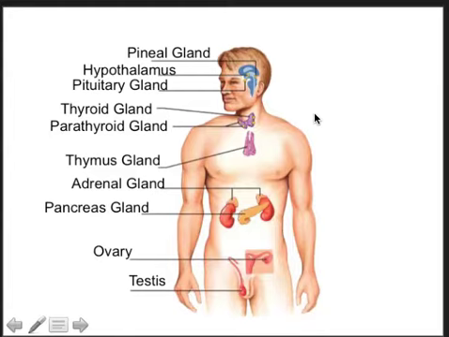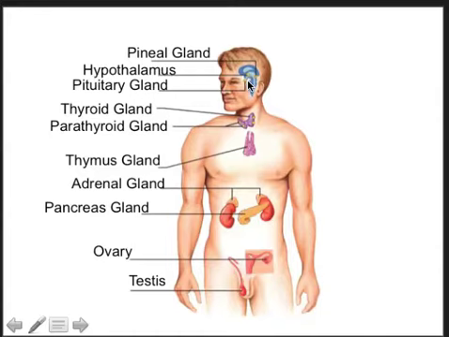The pituitary gland, which lies directly underneath the hypothalamus, is actually split into two lobes, an anterior and a posterior lobe. The posterior lobe of the pituitary gland is actually an outgrowth of the brain, and it only makes two hormones, oxytocin and antidiuretic hormone, which are actually synthesized in the hypothalamus and stored in the posterior pituitary.